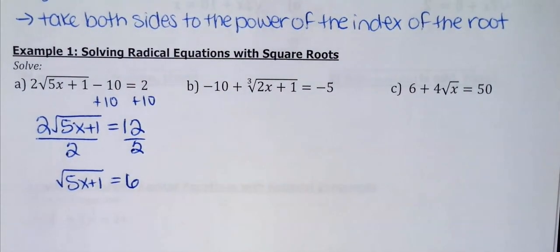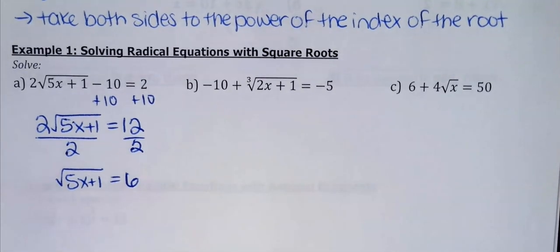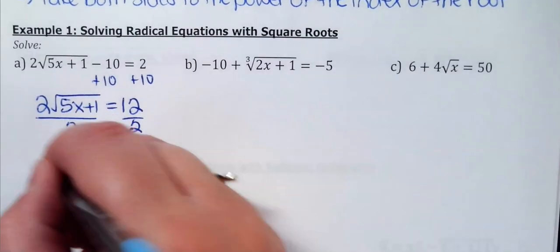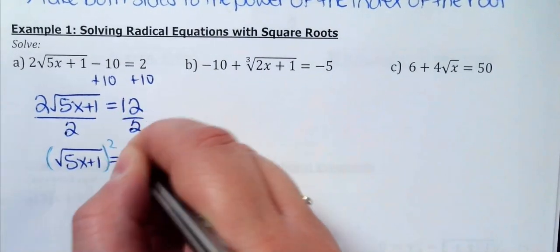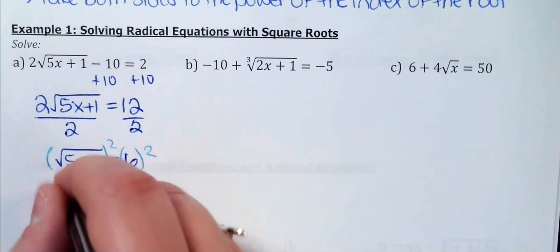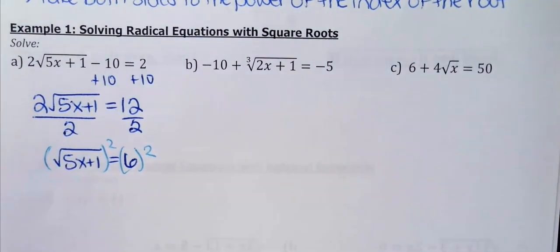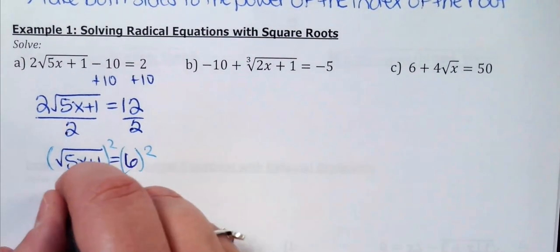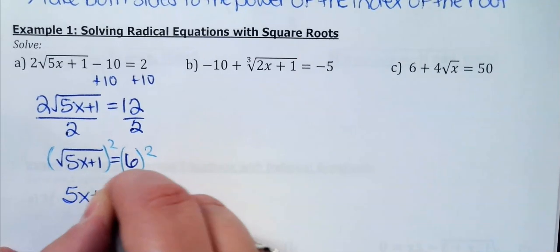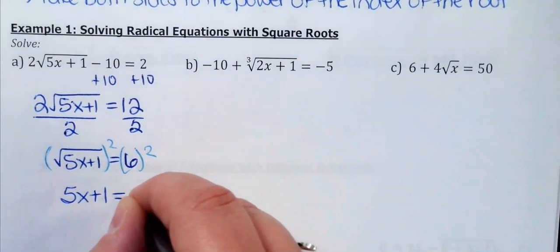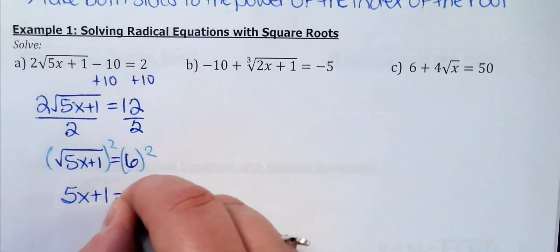Now, you cannot divide things out of, subtract things out of, or take things out of the square root. What you want to do once you get that square root alone is cancel the square root out. If you're working with a square root, we're just going to square both sides. The square root and squared cancel each other out, so you just copy down what was under the square root, and I actually have to square the other side, so 6 squared would be 36.